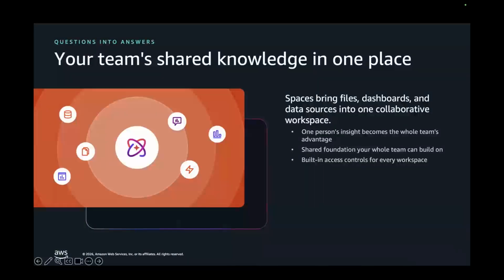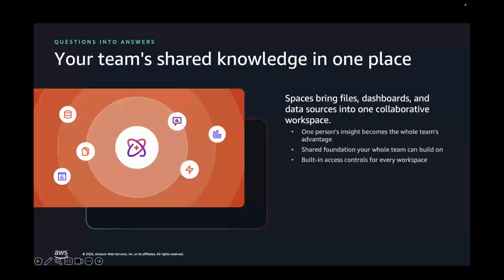Spaces are the way that you can bring files, dashboards, data sources, and agents into a single collaborative workspace. That means that one person's insight becomes the whole team's advantage and scales quickly. New team members can get up to speed in hours and not weeks. And agency partners get the context that they need without back and forth.